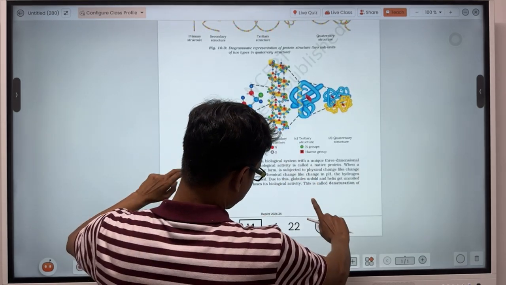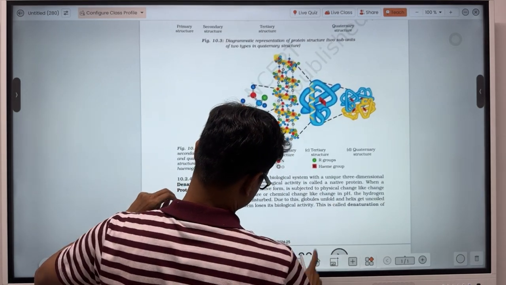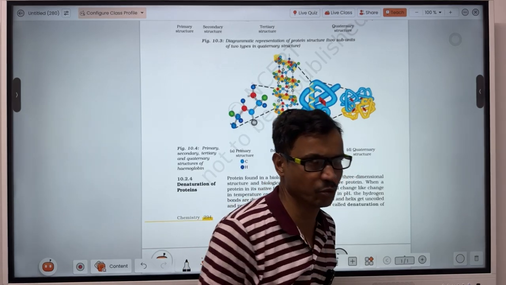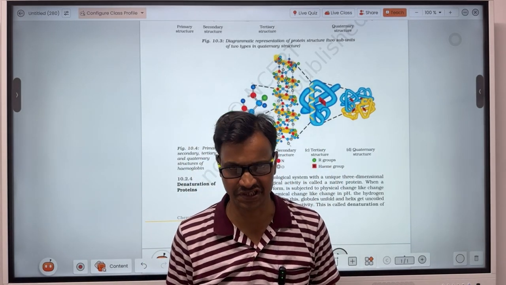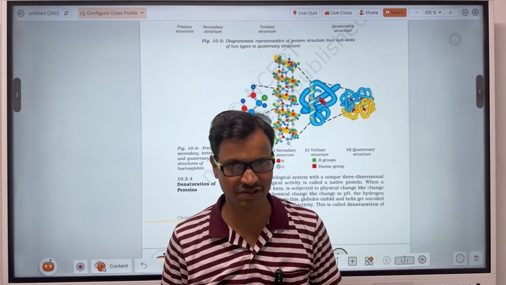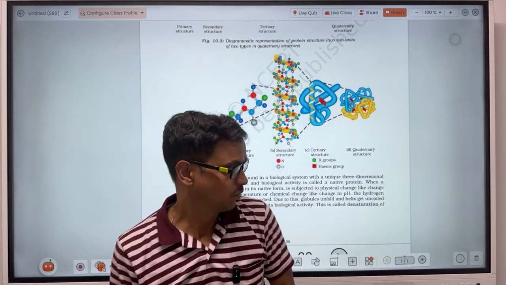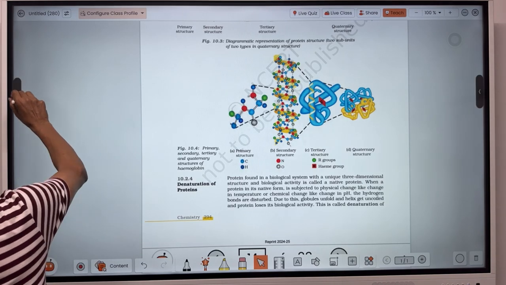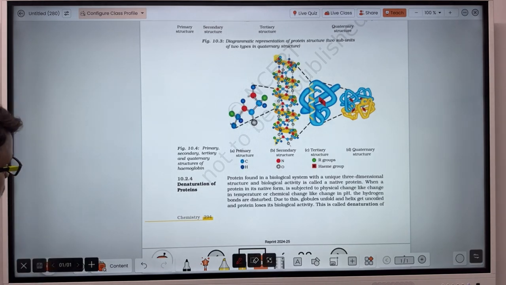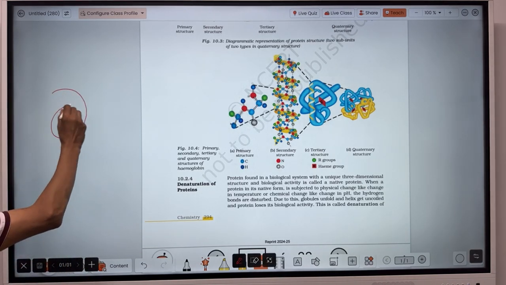Now, the most frequently asked question in the 12th board examination is about writing the denaturation of protein. Denaturation of protein, what is that? Let's see what happens. You already know protein has a coiled structure.